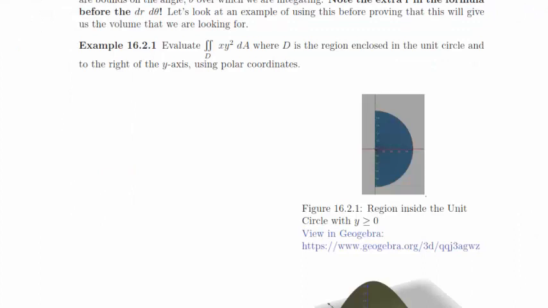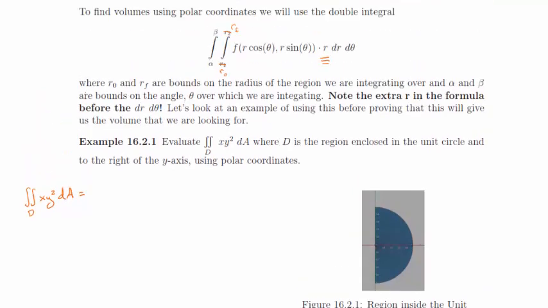We now want our double integral over our domain of xy squared dA. This is going to equal, let's scroll back up so we can see this formula that I'm using here.